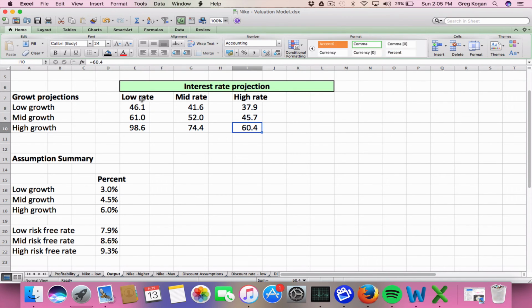And we can also see that where we are right now is in the mid growth and the mid rate. That's actually the Nike price right now. So it's interesting to see, in the expectations of the future, what is causing the stock price. Because keep in mind that when you're expecting growth and rates, you don't know which one in the future is deviating more.